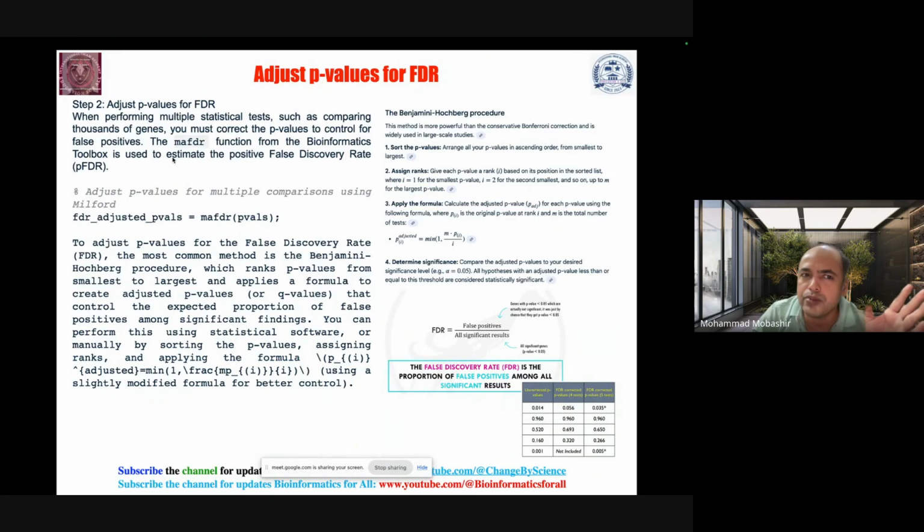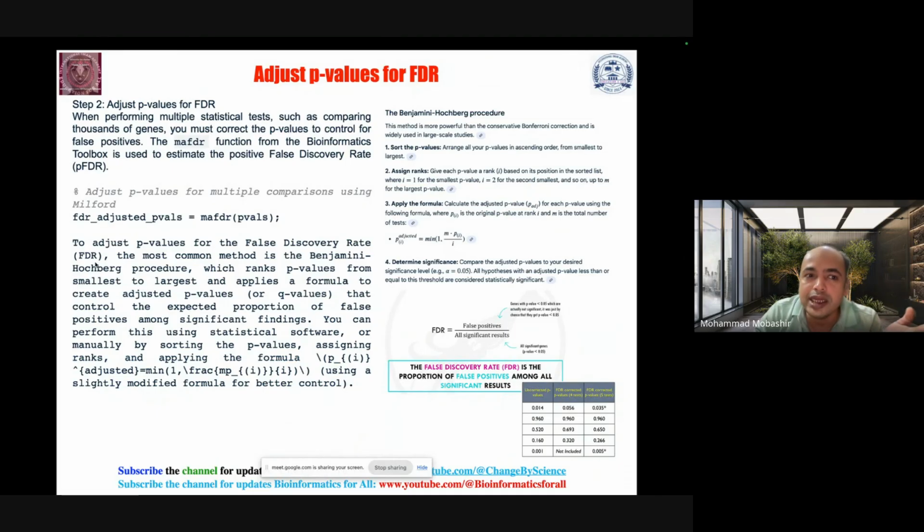For this purpose, you can use the mafdr function from the Bioinformatics Toolbox in MATLAB to estimate the positive false discovery rate, or pFDR. So how do you write this command? You write it here, and p-vals is the stored values which you have already calculated.